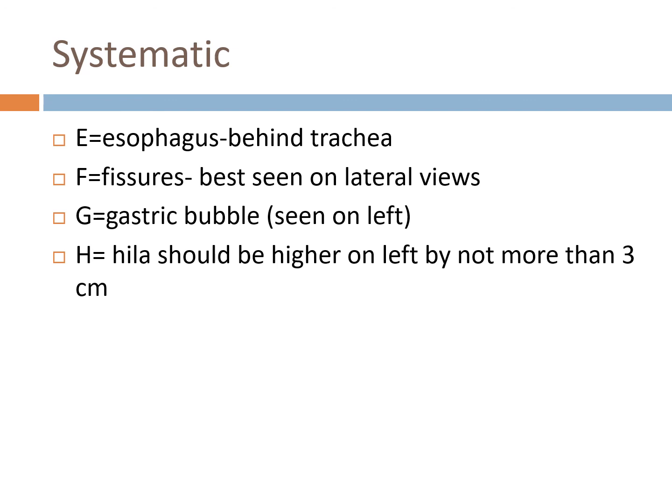I want to say that might be a quiz question. The other thing is making sure you remember what disease process a flattened diaphragm indicates. I hope you should know: COPD.